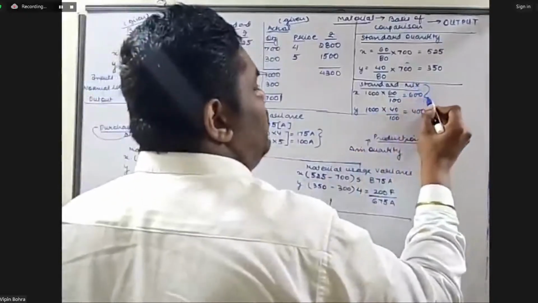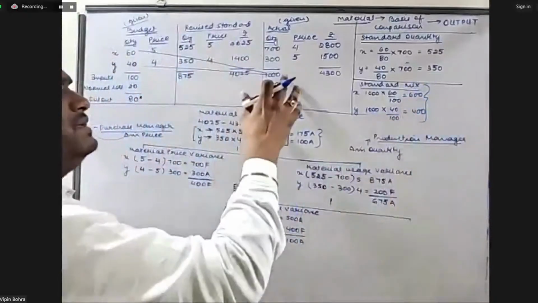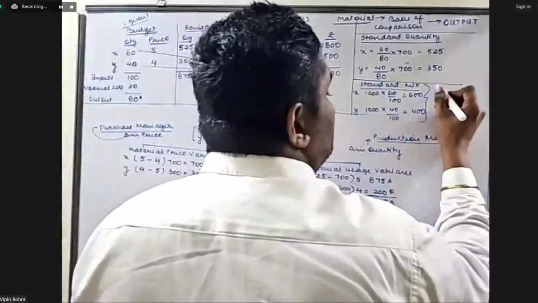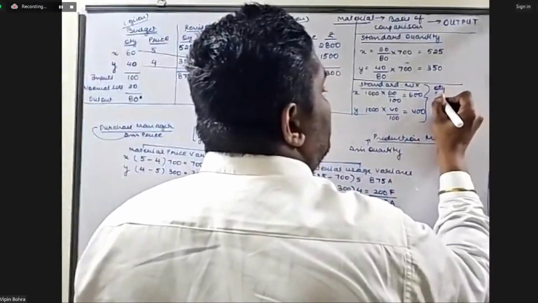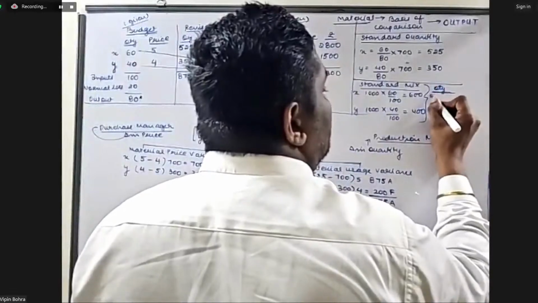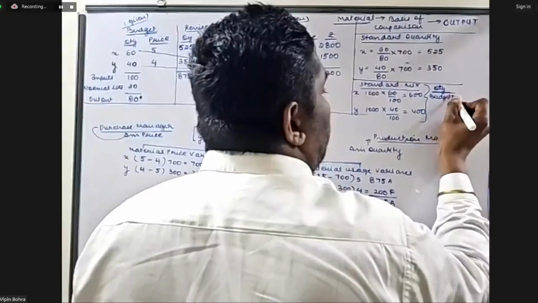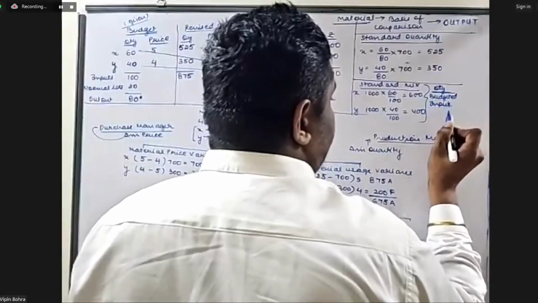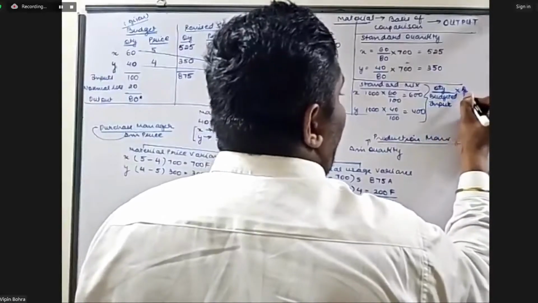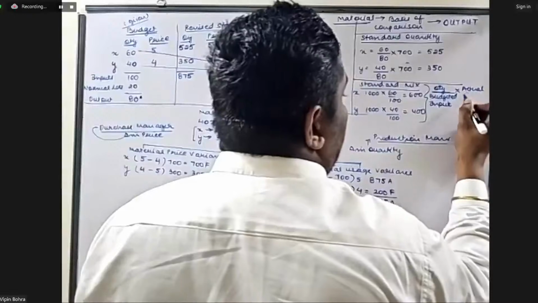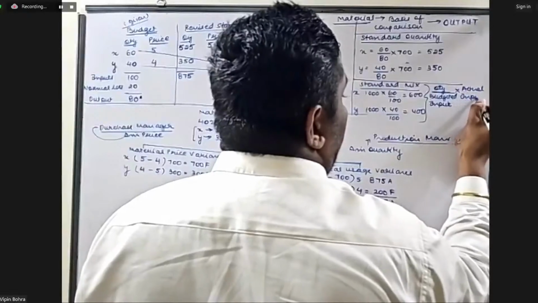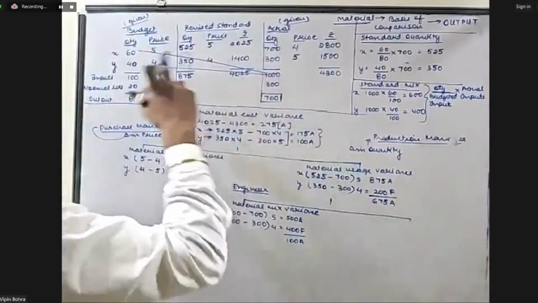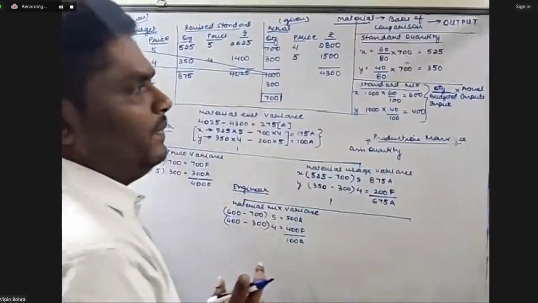When talking about the formula, I have used very simple, guys. The standard quantity also we can use the formula: budgeted input quantity divided by budgeted input, into actual input. This is my budgeted input, this is my actual input into quantity.